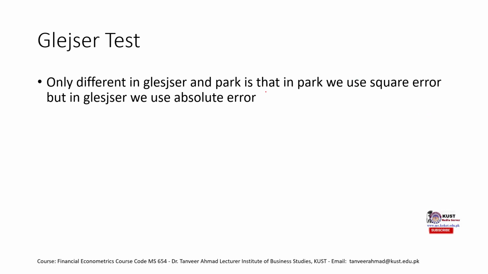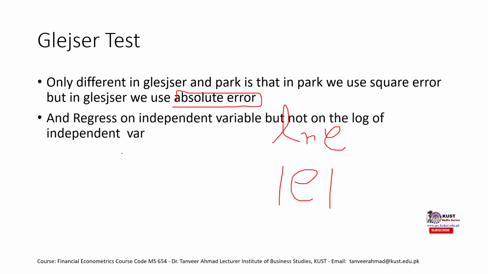Rather than taking the log of squared residual, what we do is we use the absolute error term in our auxiliary regression. So instead of taking ln of the error term, we take the absolute error term, that is, negative values would be converted into positive, and regress on the independent variable but not on the log of the independent variable.